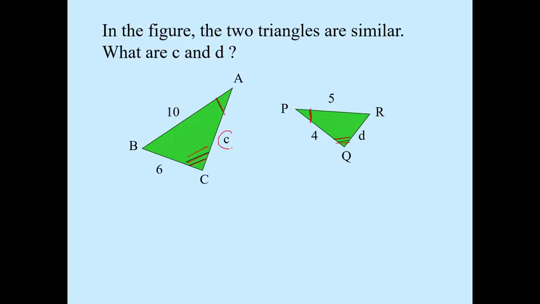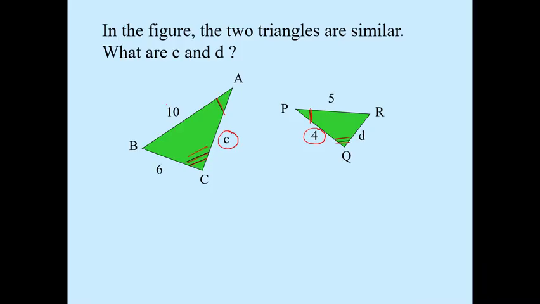So C is going to go with what? 4. So let's put C divided by 4. In fact, let me erase this. But then let's find two sides. We're going to have C and 4 here in just a minute.